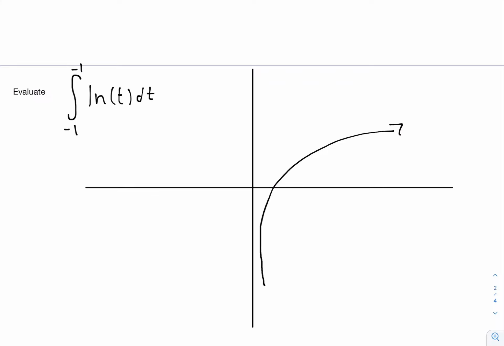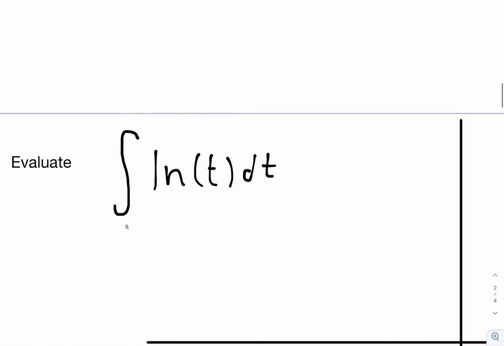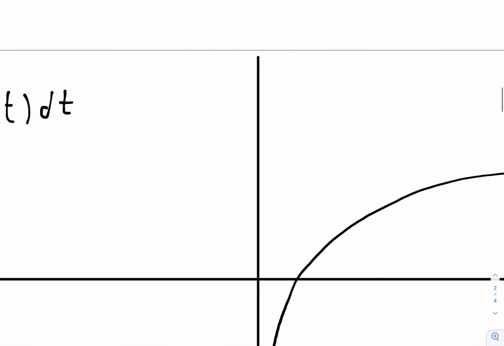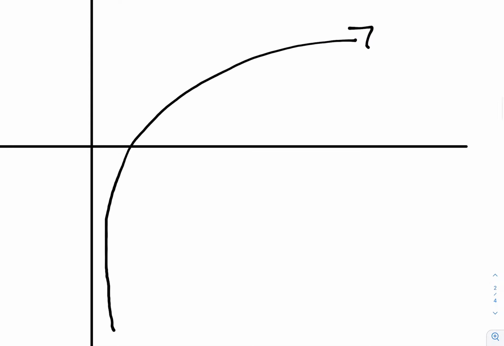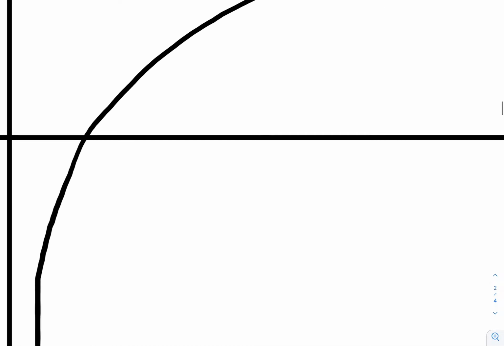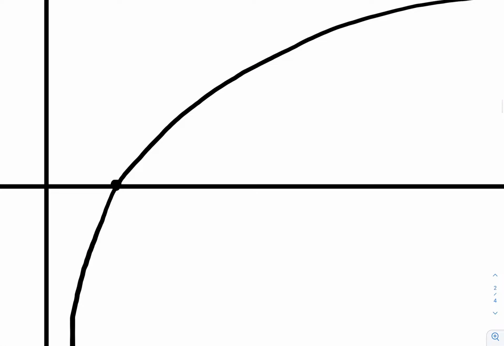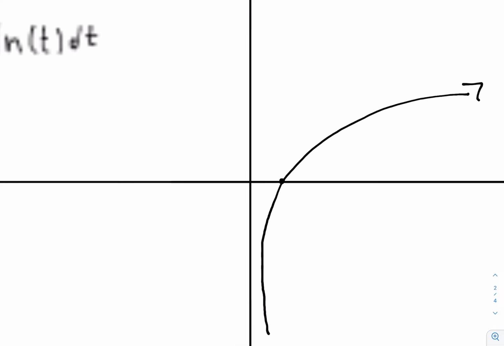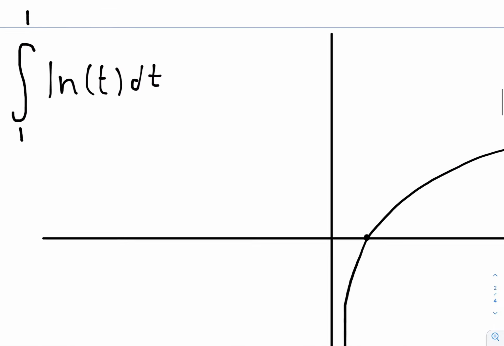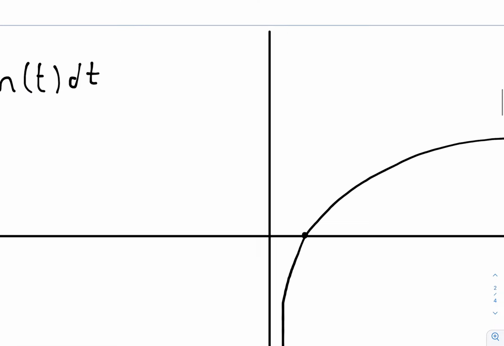This question actually doesn't make sense. Let's say it's from positive 1 to positive 1, because logarithms don't exist in the negative. In this case, the natural log of 1 is just 0, except we're taking the integral of the natural log, so we can't just say it's 0 right away.